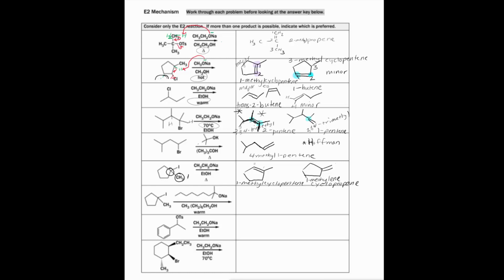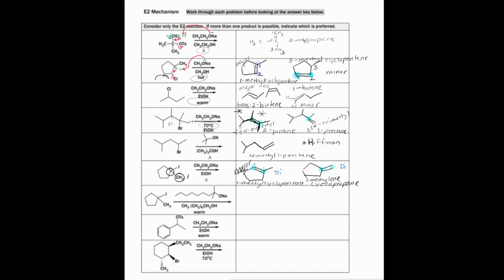Because this sp2 carbon has 2 carbons attached to it, and this one has none. This is a di-substituted pi bond. And this one, we have 1 carbon attached on this side and 2 on this side. This is a tri-substituted double bond, or yes, a tri-substituted pi bond. Therefore, this is going to be your major or preferred product.